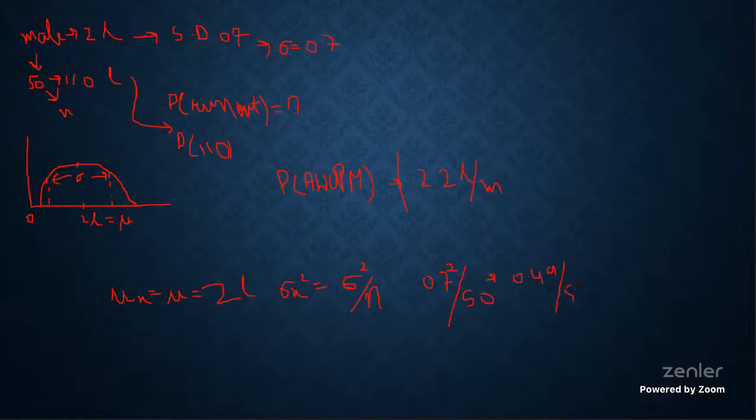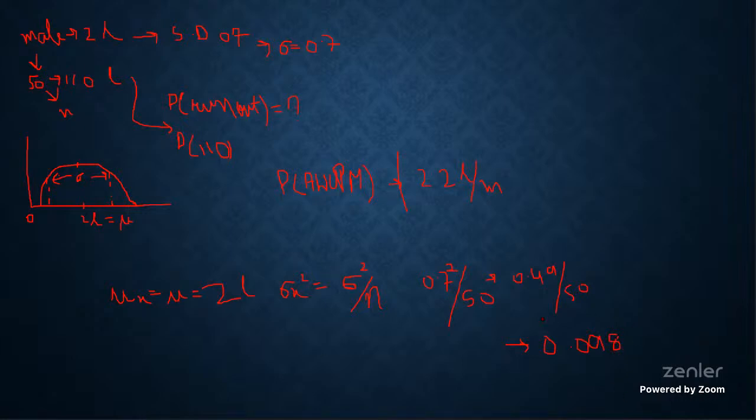What is 0.49 divided by 50? That is 0.098. The answer would be 0.098. If you have to take the square root, there is no need for it here.